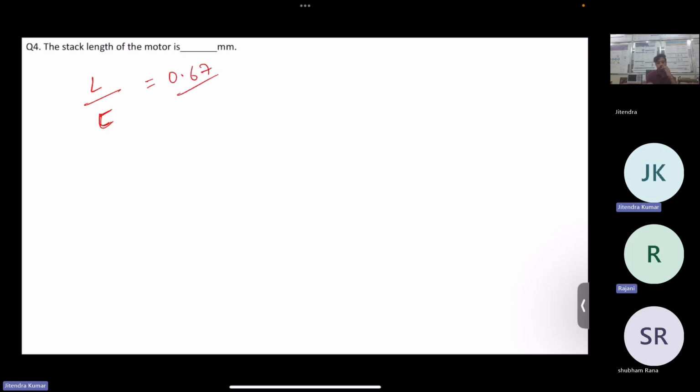Can we calculate pole pitch here? Yes, pi D by Ns. Ns is the number of slots? No, actually the number of poles, because poles are placed on the rotor.